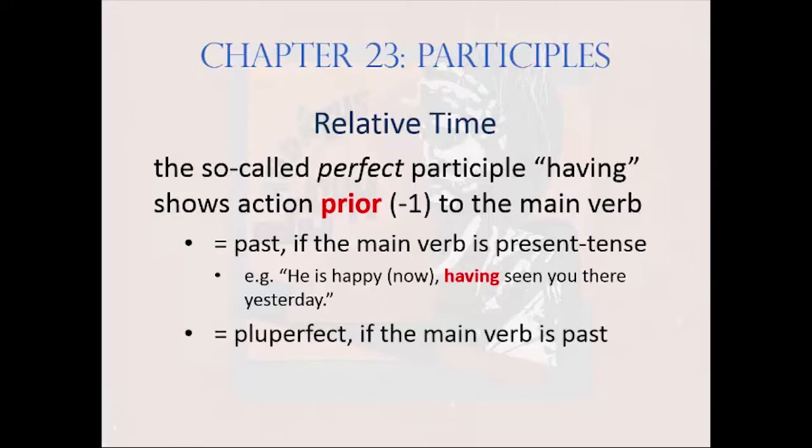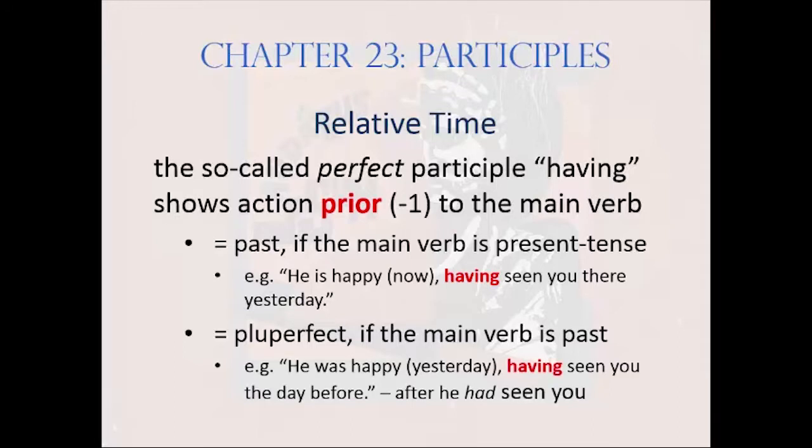But make the main verb past tense, and the participle's real-time value changes to the pluperfect, because now it's showing action prior to the past. That is, a -1 participle relative to a -1 main verb becomes -2 in real time. For example, he was happy yesterday having seen you the day before.